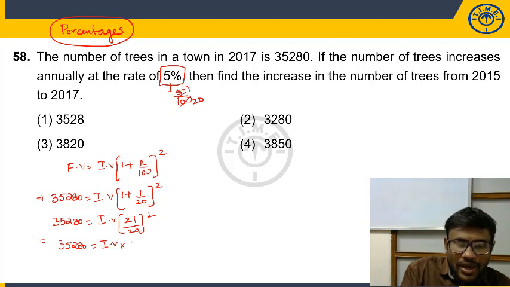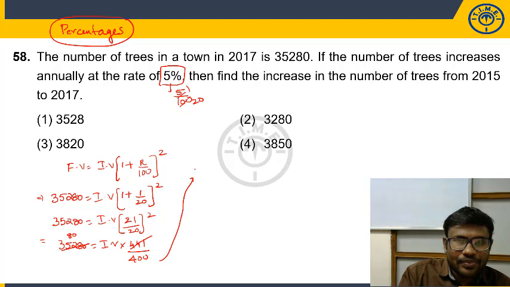What is 21 square? 441. And 20 square is 400. Okay. So 441 eights are 35,280. So what is your initial value? Your initial value is 32,000, and that is in 2015 it is 32,000.